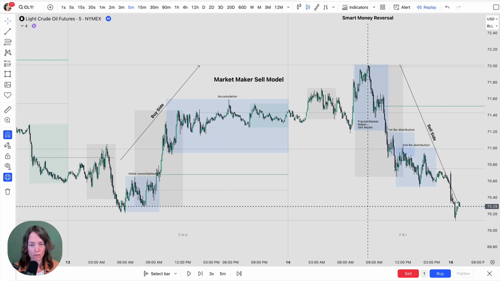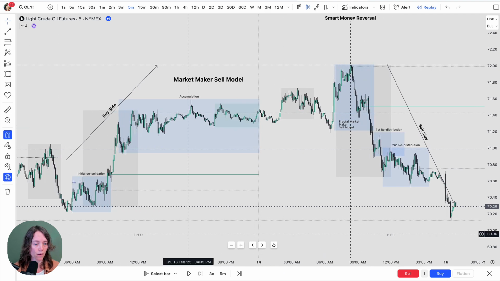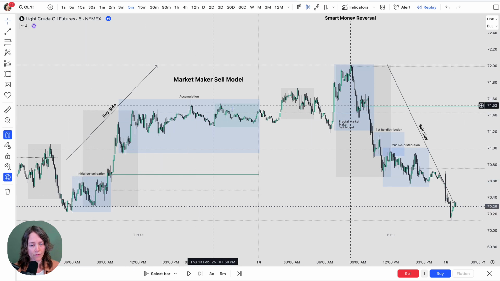If I draw out the boxes of the market maker models, we always have the initial consolidation, an accumulation phase, sometimes two of them. We get the smart money reversal, which is a fractal market maker sell model in itself. This is a little bit of a harder read, but let's say this is the first distribution and then a second one.